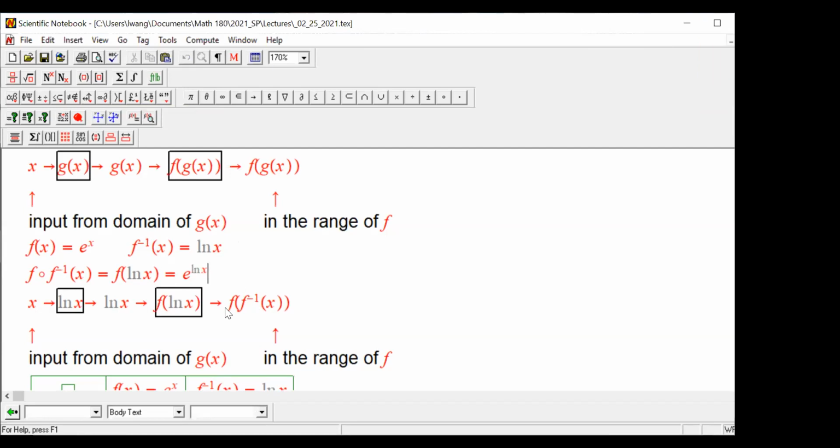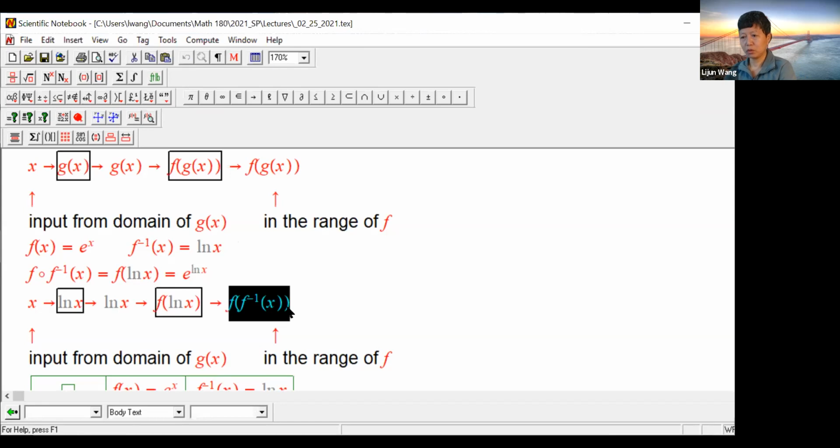So what does this equal to? This equals e raised to the power of ln x. And what should this be equal to? Tell me, everybody. Everybody should know this because by the time you're taking pre-calculus, you should have enough information about logarithms.